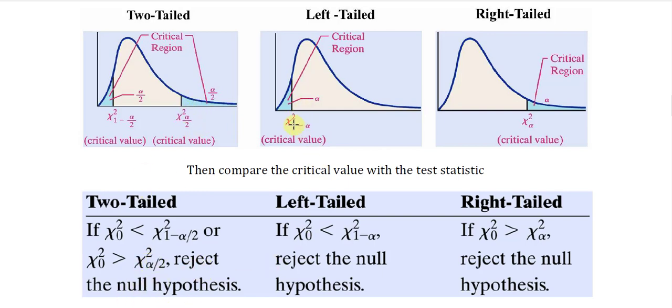Or if it's less than chi-square 1 minus alpha over 2, we reject the null hypothesis, because it's inside the critical region. So it depends on which case we have.